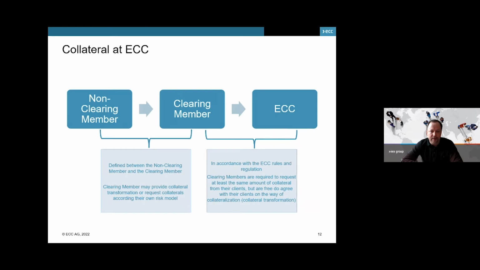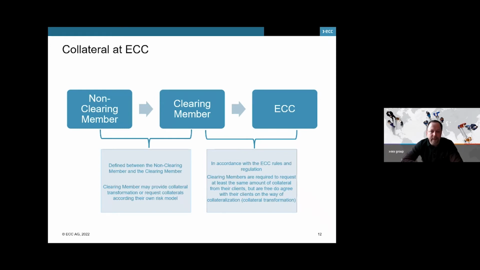Here, on this slide, you see how collaterals can be provided and what the relationship is. As you know, we have a three-party relationship typically in our markets between ECC, the clearinghouse, clear members and non-clear members. And there's also, of course, a flow of collaterals between the three of them.